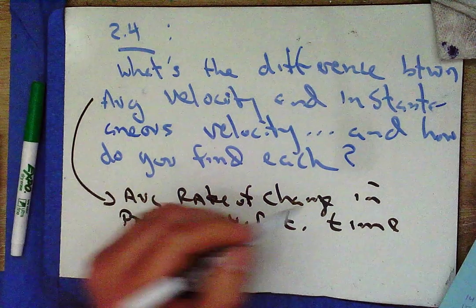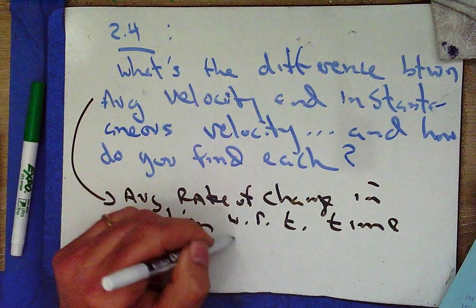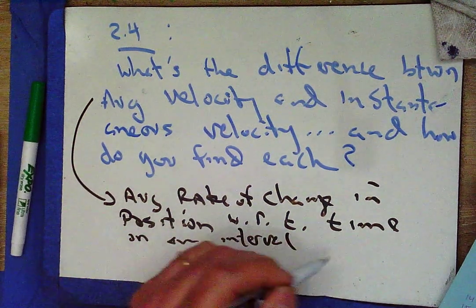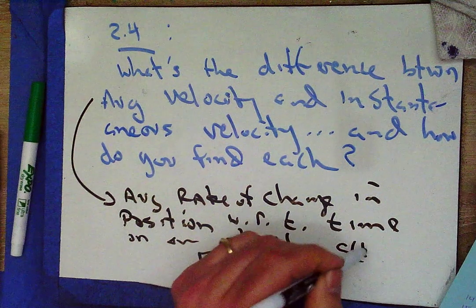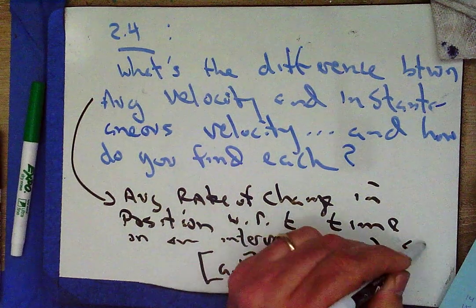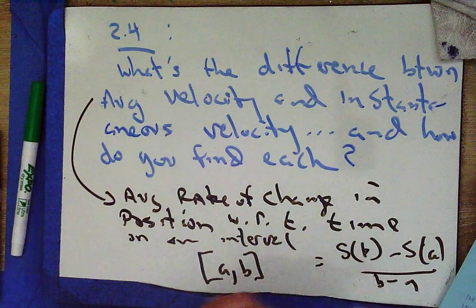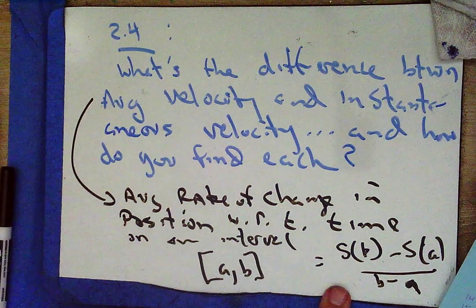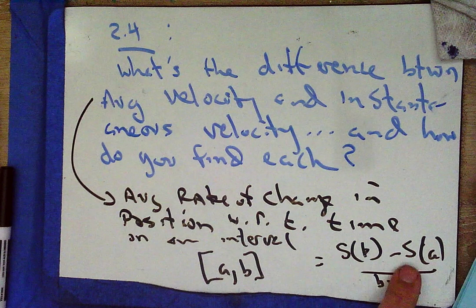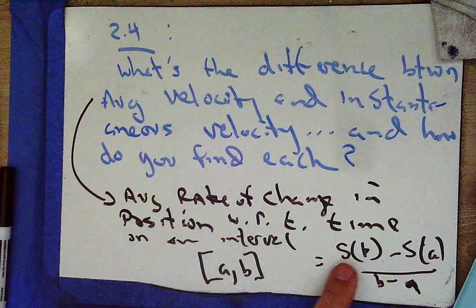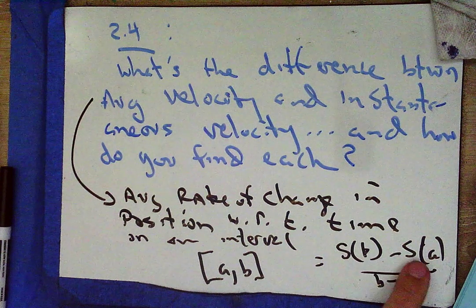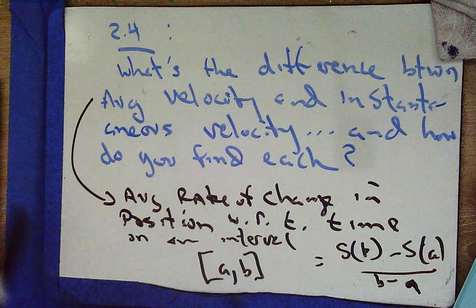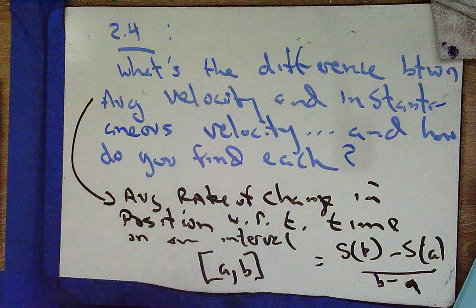And it's always on an interval from A to B. And so the way I would find that is S of B minus S of A over B minus A, because we know that rate of change is slope with units. So that's how I find average velocity. Notice S, these are position values. I find the y value at B, the y value at A on the position graph. I plug them into the slope formula, and I can find the average rate of change between those 2 points.